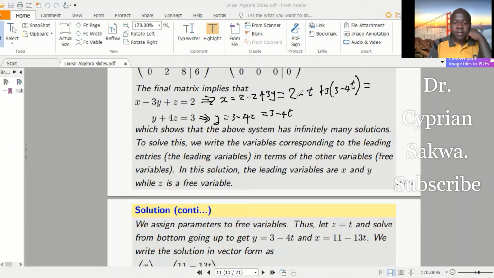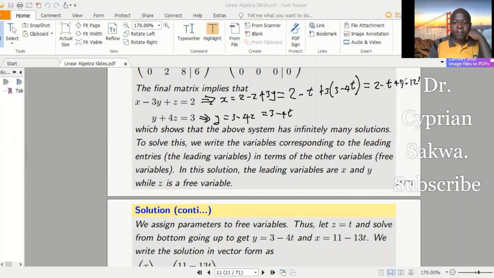What does this give us? This is 2 minus t, but this is 9 plus 9, and this is negative 12t.